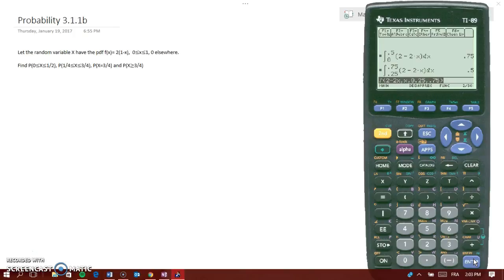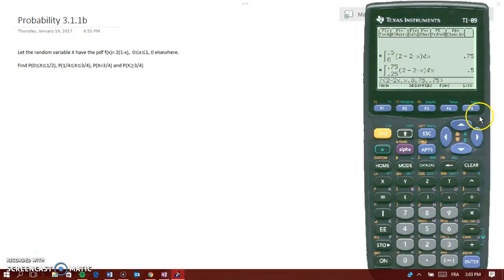Then it says the probability that x is equal to 0.75. Now I'm going to tell you the answer is 0. Why? I'll show you here. x equal to 0.75 means it goes from 0.75 and stops at 0.75.